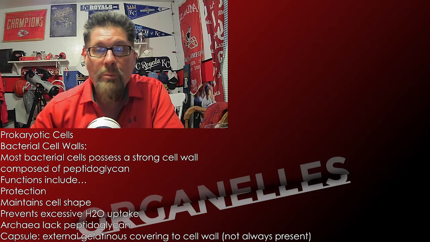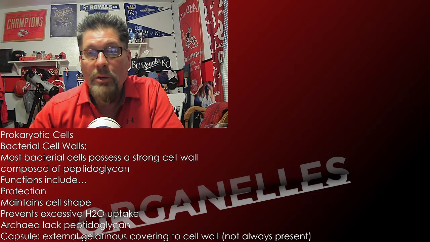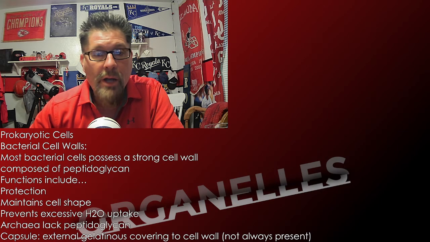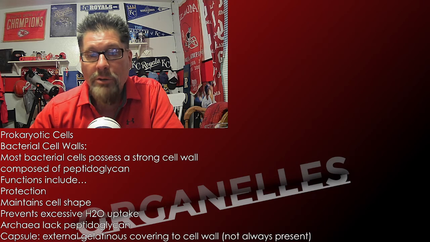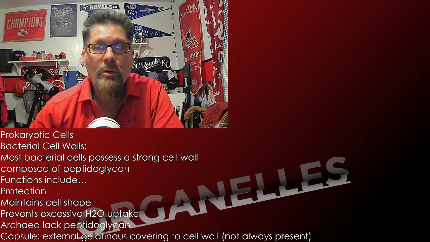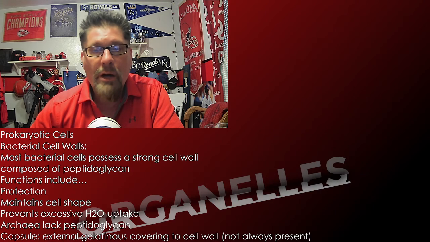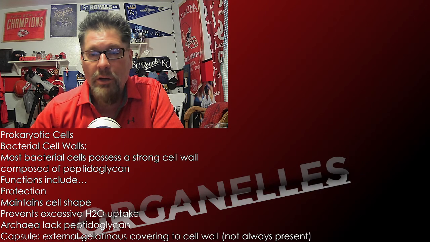Okay, continuing with prokaryotic cells. We talked about the cell wall. It's a strong cell wall. Peptidoglycan is the main component of that, and it's strong not just because of the material, but if you were in a microbiology class and were looking at the pictures, it's super reinforced.